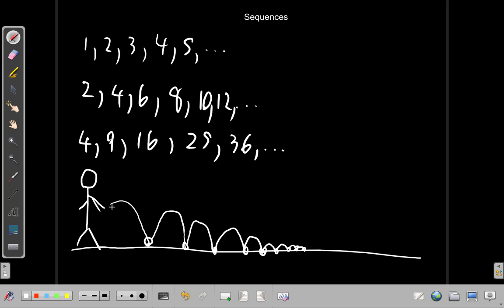If you consider the height of the ball, this first height and this second height and this third height, and each time you go on and on, the height gets lower and lower. These numbers would form a sequence, right? And of course, the function that generates it would be some function that you find in physics regarding acceleration due to gravity and the energy lost by the ball and so on and so forth. So that's a sequence that you have there.